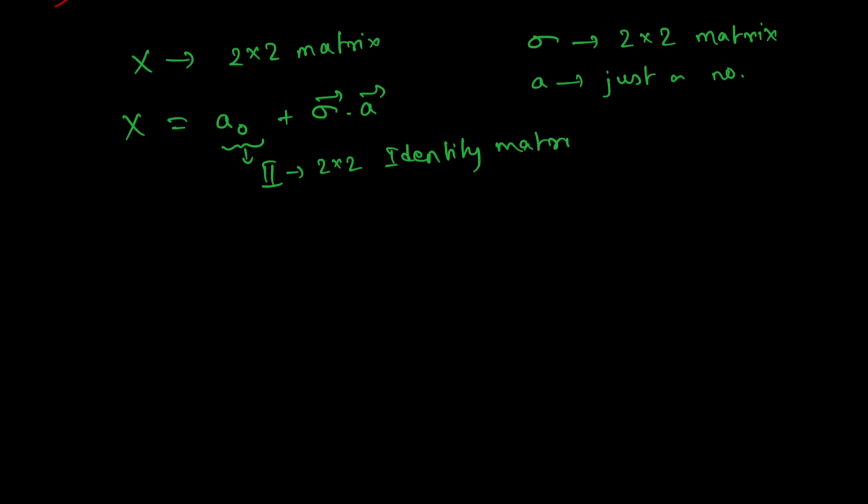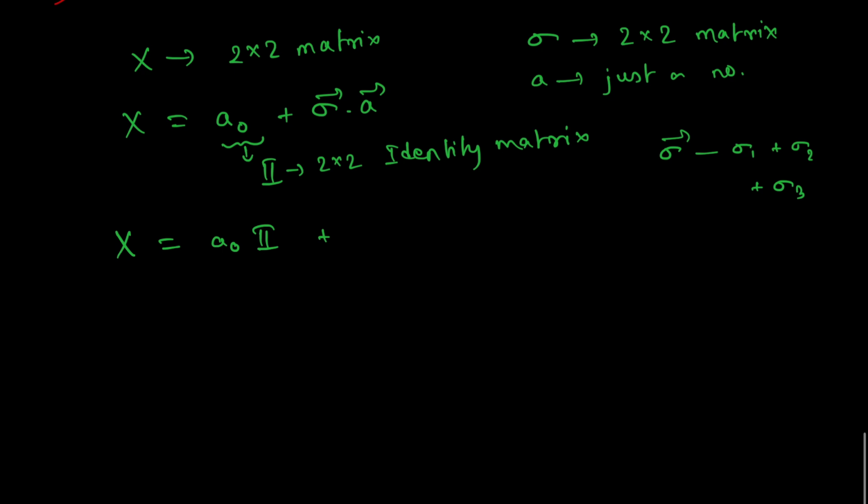So if we write the X in the matrix representation, what do we get? Let's see. We have A naught times an identity matrix plus sigma times A. Sigma can be written as sigma 1, sigma 2 and sigma 3, the components in the three directions. These are the three components of sigma, and these are the Pauli matrices.